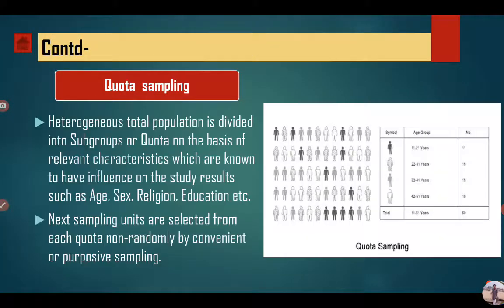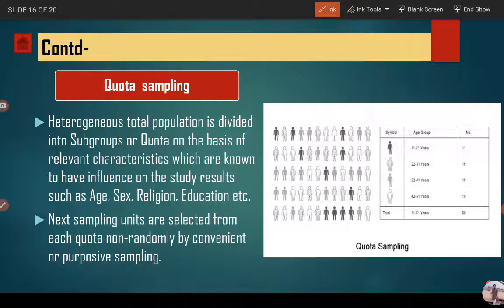The quota sampling technique is usually done when the population is heterogeneous. The population is divided into subgroups or quotas on the basis of relevant characteristics which are known to influence the study results, such as age, sex, religion, education. In this example, the population is divided into quotas, for example age quotas.